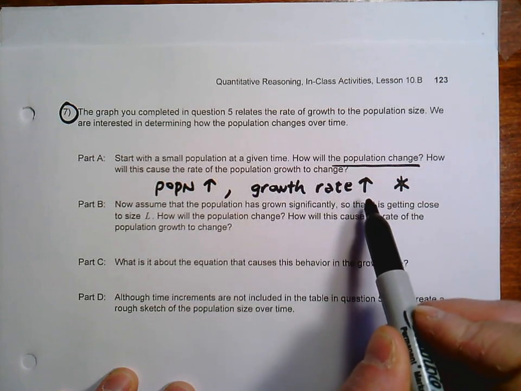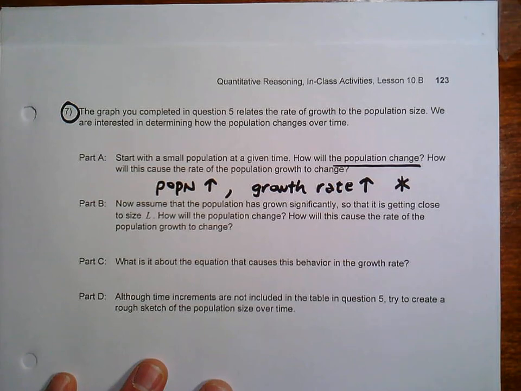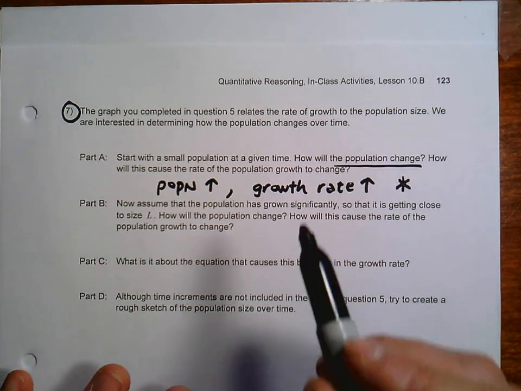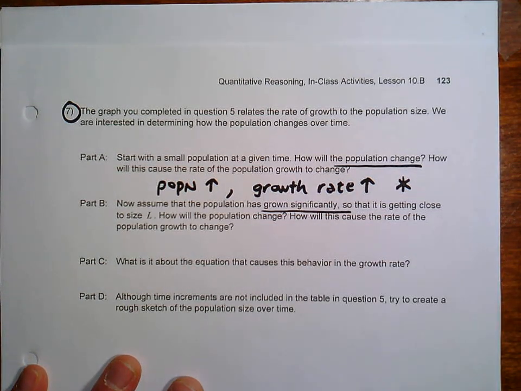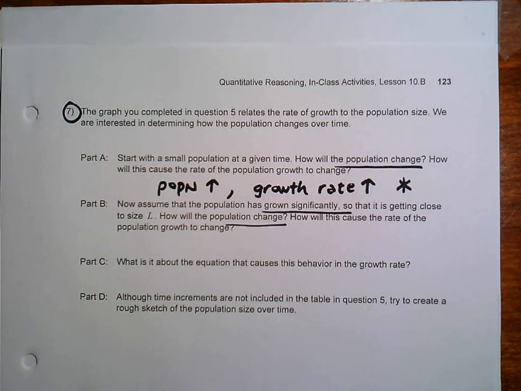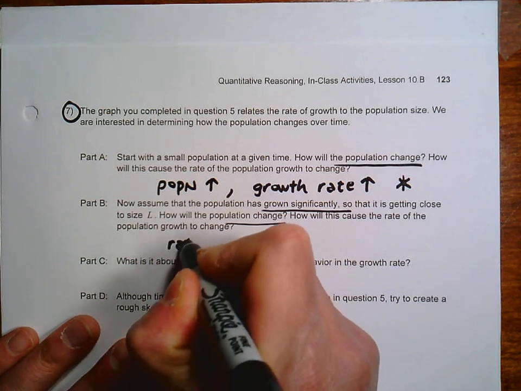So then this growth rate, even though it's increasing, it's now going to start to drop. It's going to get smaller. So question B, now that it's grown significantly, how will the population change? So I was alluding to this, that the population still grows, but the rate is going to slow down. So I'll jot that down.